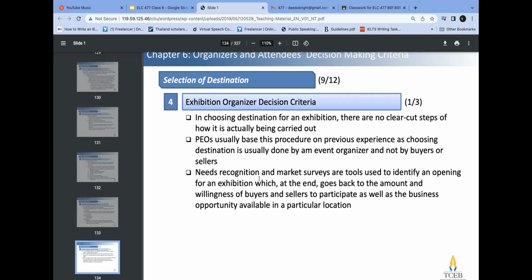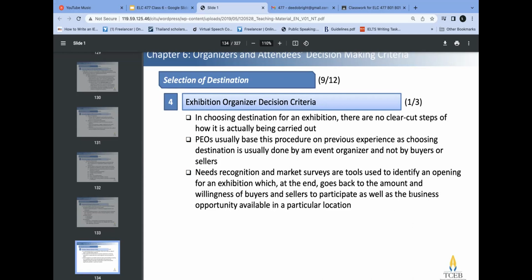And also recognition here, market surveys are tools used to identify an opening for an exhibition, which at the end goes back to the amount of willingness of buyers and sellers to participate. So we have to make sure that recognition, the famous one being market survey, and lots of factors here can go together, right?